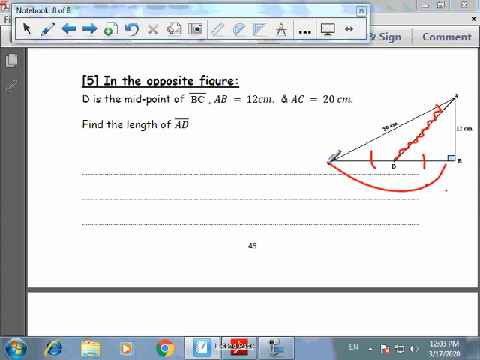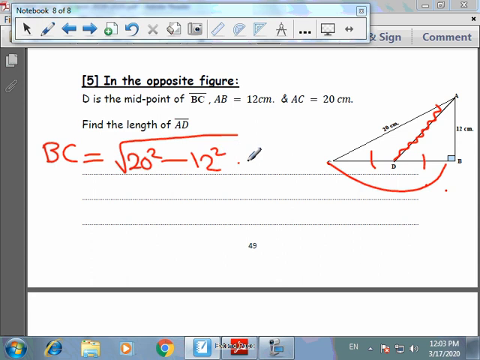Can I find BC? Of course, using Pythagoras. So is BC a hypotenuse or a leg? It's a leg. So I will subtract, of course, the bigger one minus the smaller one. So BC equals root 20 squared minus 12 squared. The answer would be 16 centimeters. So all BC is 16 centimeters.